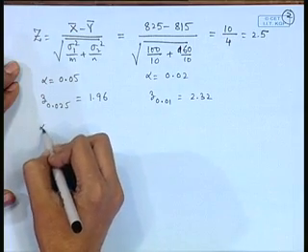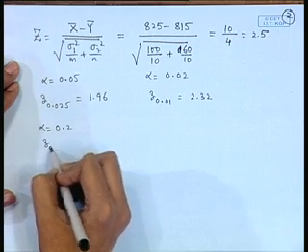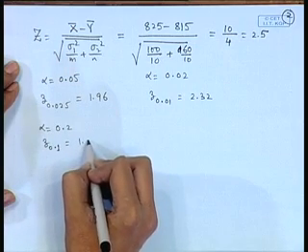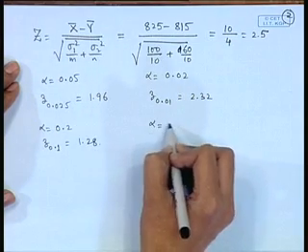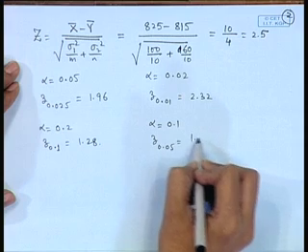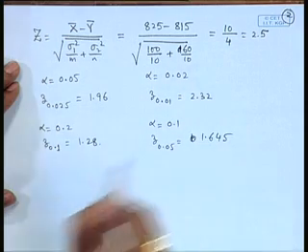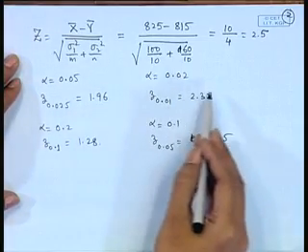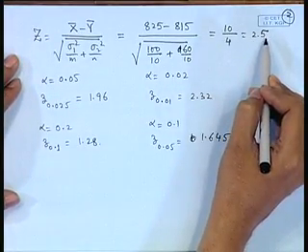Suppose alpha is equal to 0.2, then I will see 0.1, which is equal to 1.28. Suppose I say alpha is equal to 0.1, then I will see 0.05, which is 1.64. You can see here all of these values are smaller than this value.